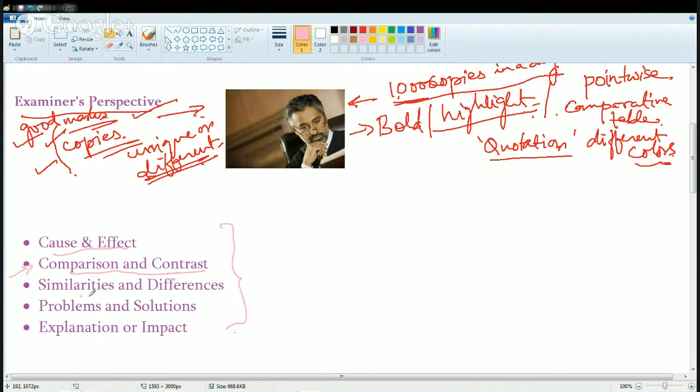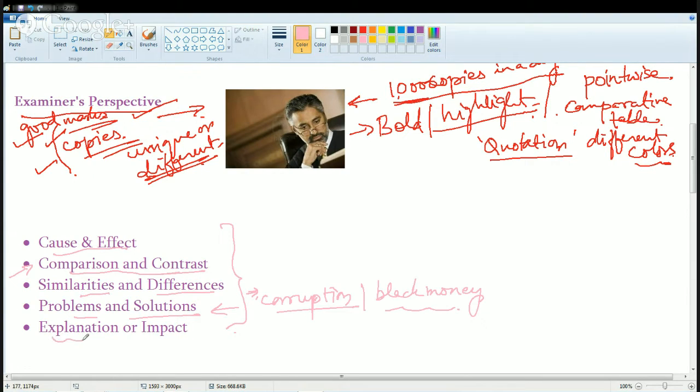There can be essays where you can mention similarities and differences between two things. There can be essays where you are highlighting the problems and then providing the solutions. For example, corruption in India. You can first highlight the problem of corruption, why it is originating, who are the major people behind corruption, and what are the best solutions to curb this corruption or curb the black money that is recently highlighted these days. So this is an important topic for essay this year.